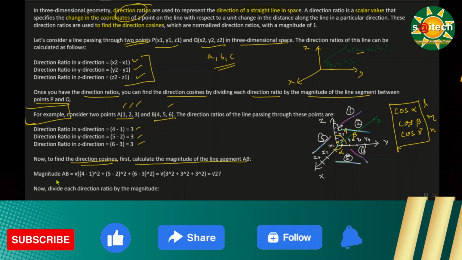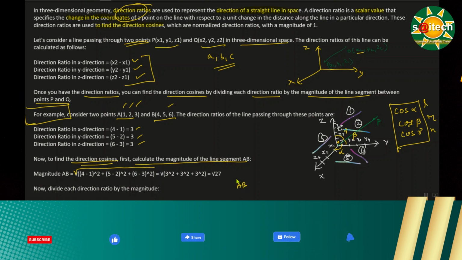So, the magnitude of the line segment AB is the whole square root of x2 minus x1 the whole square plus, because magnitude means we have to consider the scalar quantity, so the formula to find the magnitude is, let me consider AB.